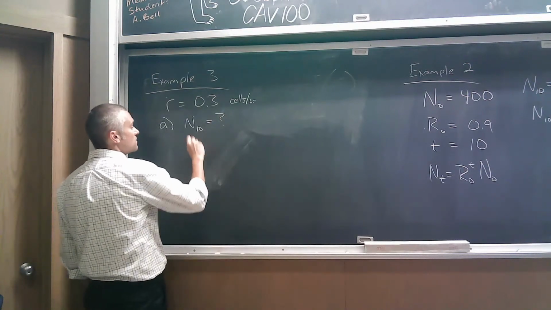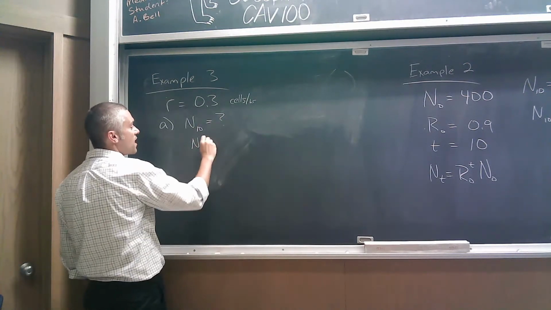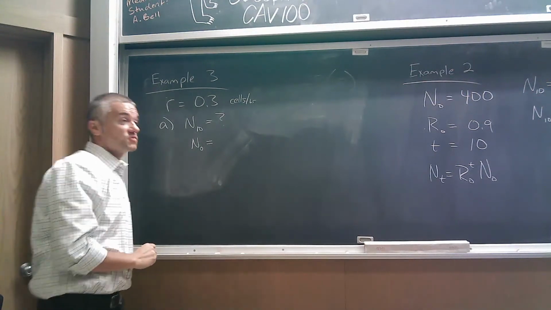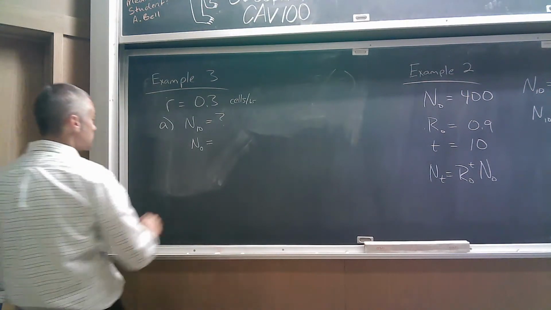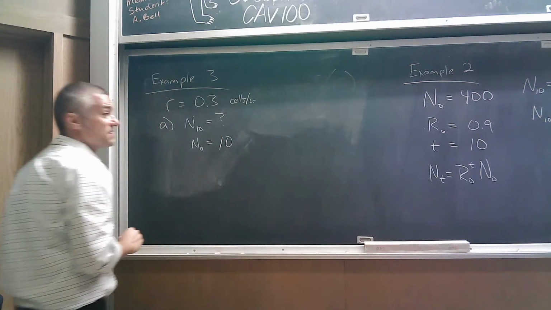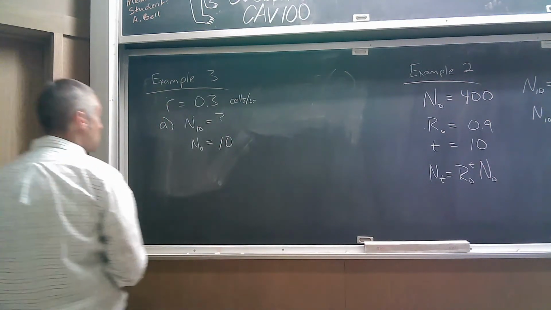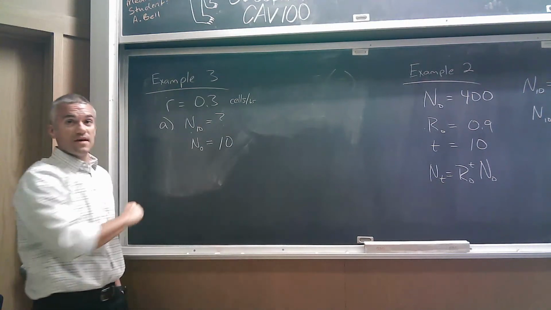Well, what do we know? We know R, that's given in the problem, and we know n sub 0. As we said, we started with 10 cells.